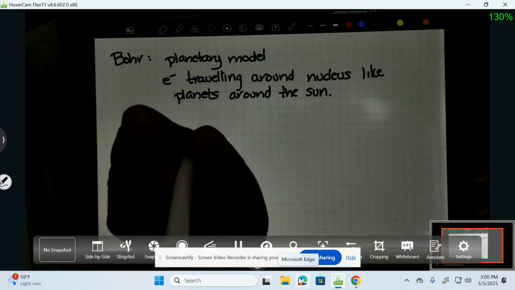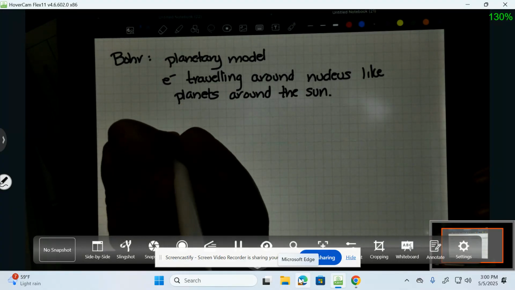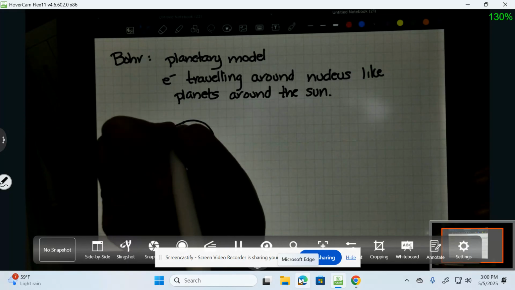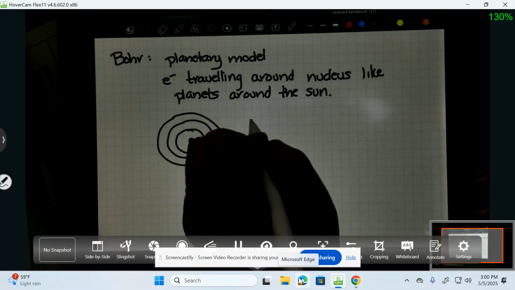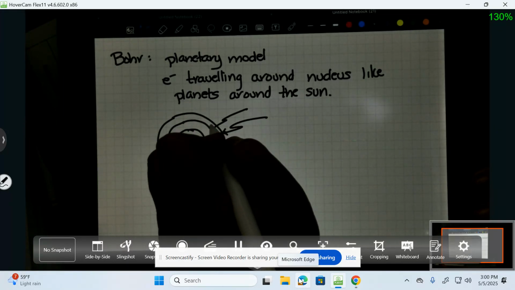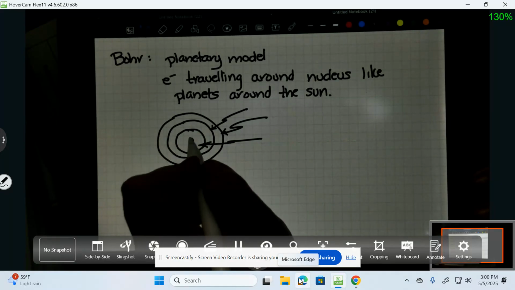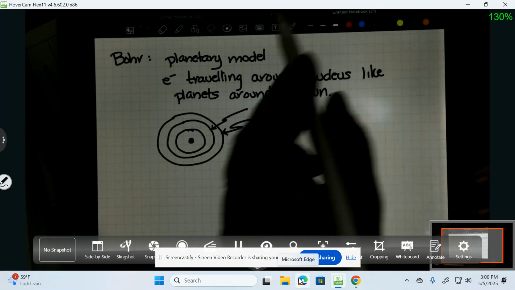So there's the nucleus in the middle. And then he said, all right, well, they're not just all scattered around. There are these rings right here.